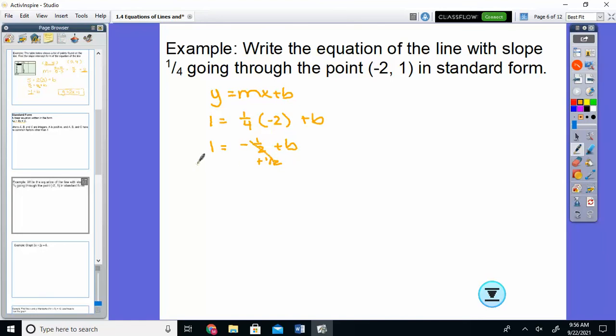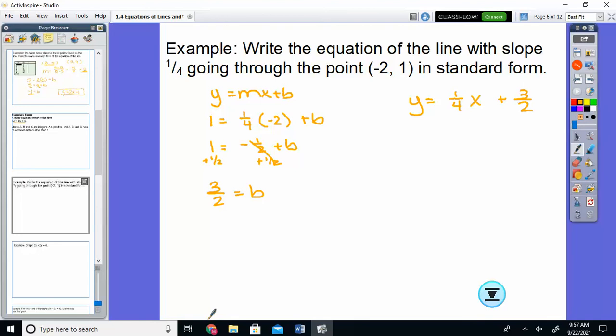Add the 1/2 over. 1 plus 1/2 is 3/2. So our equation is y equals 1/4 x plus 3/2.